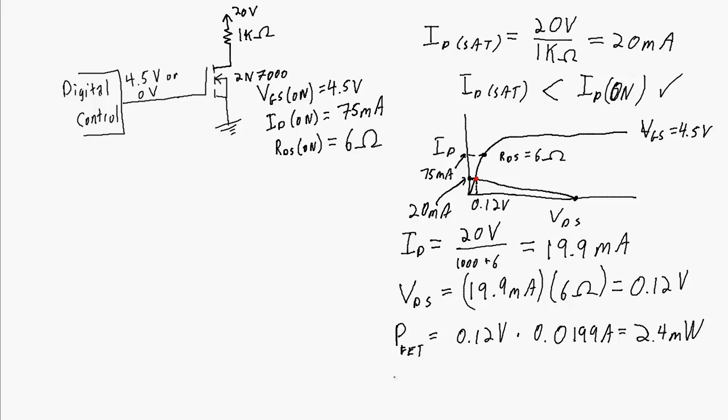Very low power dissipation for the FET compared to the load, that 1K resistor. Let's do I squared R. So I squared, 19.9 milliamps squared times 1,000, works out to 396 milliwatts. So many more times the power dissipated in the load than by the FET, and that's exactly what you want.